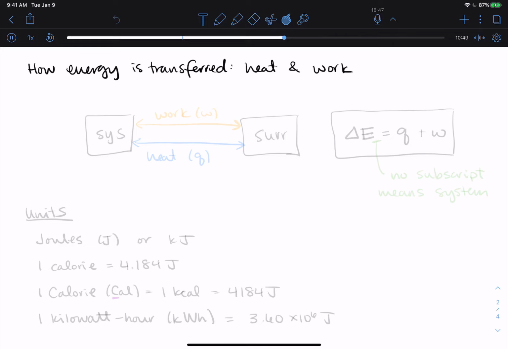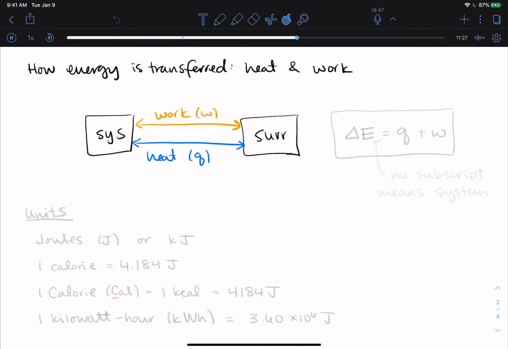So in every single case, we will have the system, we will have the surroundings, and between the two of them, we will have some exchange of work, which we represent with the letter W, and we will have some exchange of heat, which we represent with a lowercase q. Not what you were expecting, but we use a lowercase q for heat.